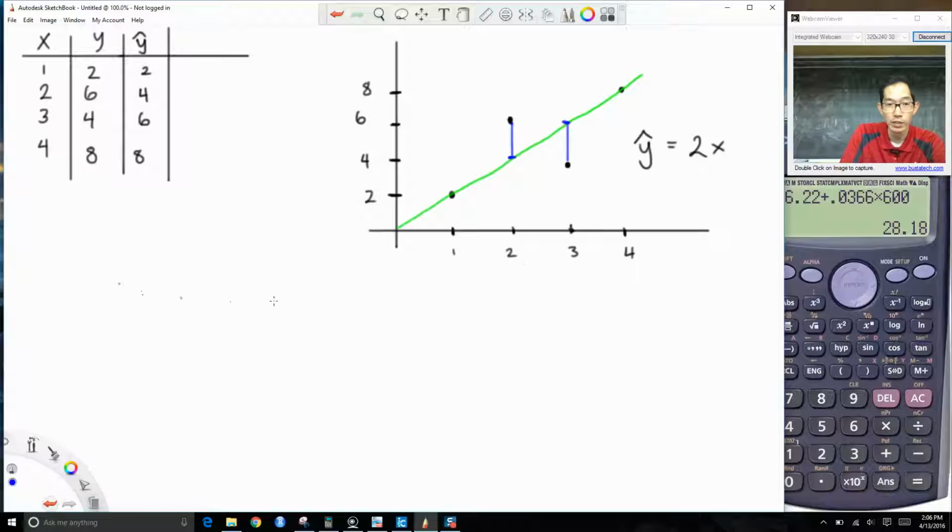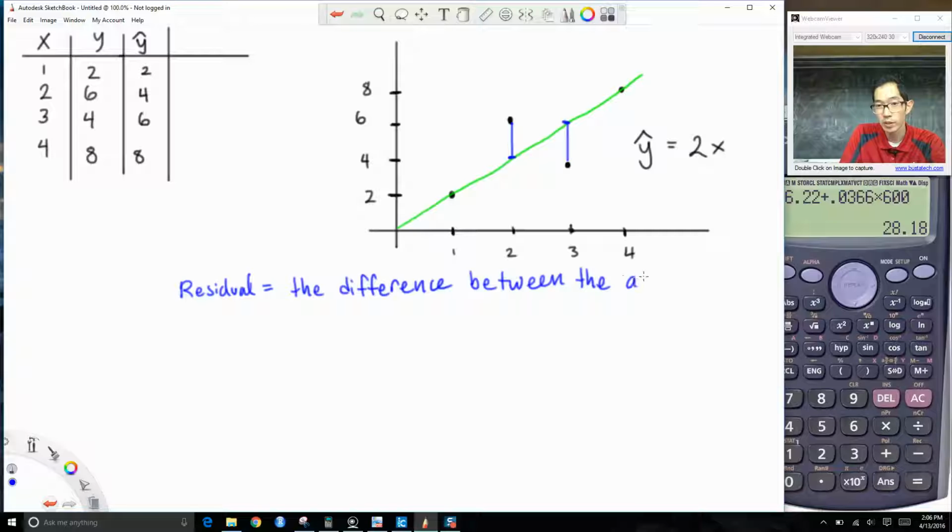So we have this concept of a residual, which is equal to the difference between the actual value and what we predict based on the line.